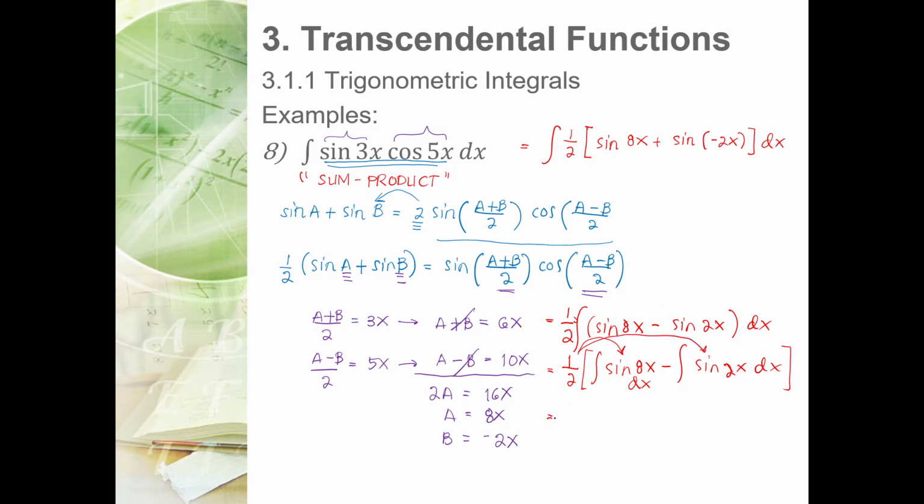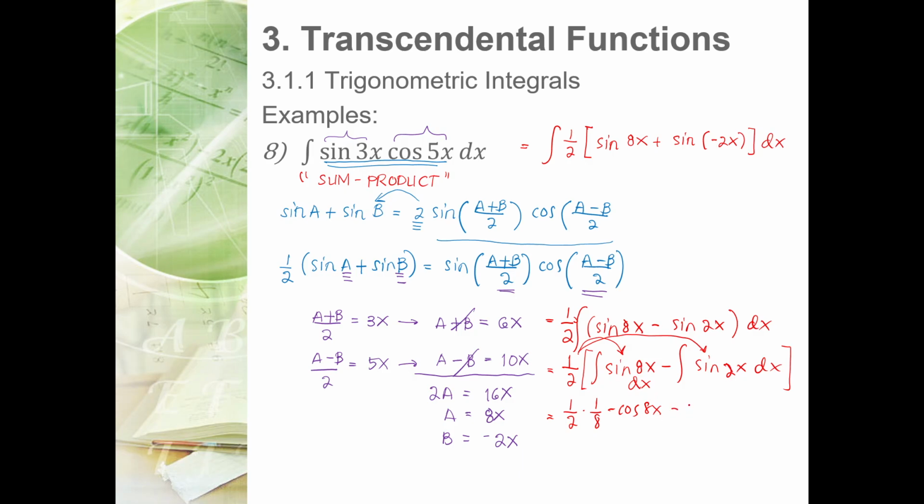Again, distribute 1/2 once you have integrated your equations. The first one is 1/2 times 1/8 times negative cosine 8x, negative cosine because that's the integral of your sine function.